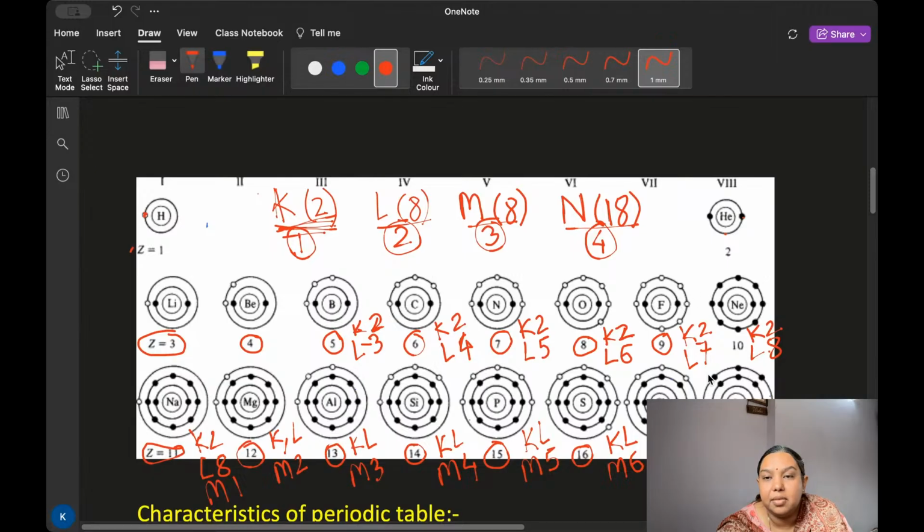Group 18 is called noble gases. It also has two names, 8 or 18. It's a noble gas because it's completely filled, and the remaining elements are going to react.